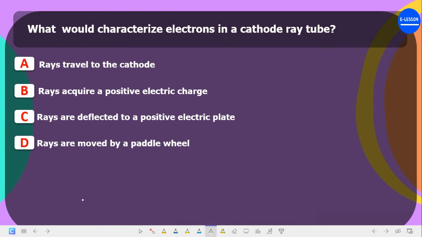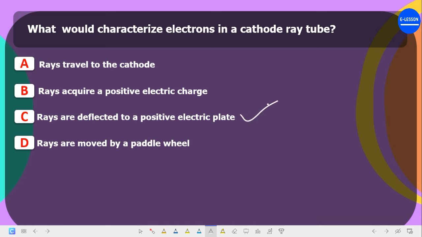What would characterize electrons in the cathode ray? The ray traveling to the cathode; rays acquire a positive electric charge; rays are deflected to a positive electric plate; rays are moved by a paddle wheel. The correct answer is that the rays are deflected to a positive electric plate.